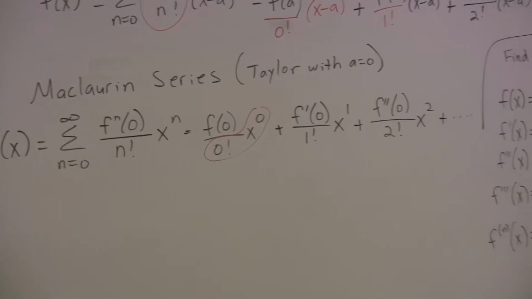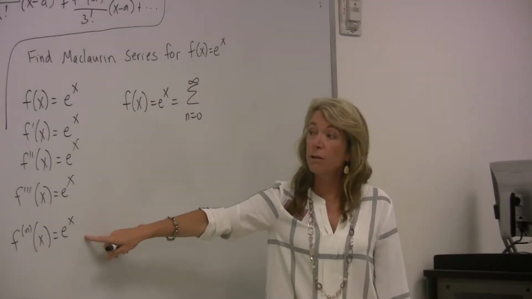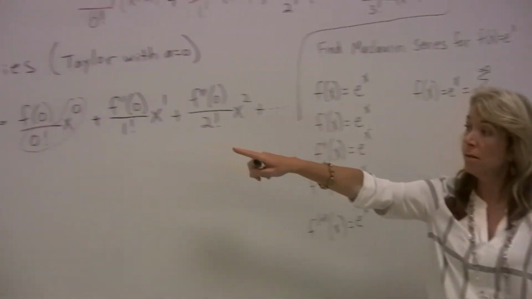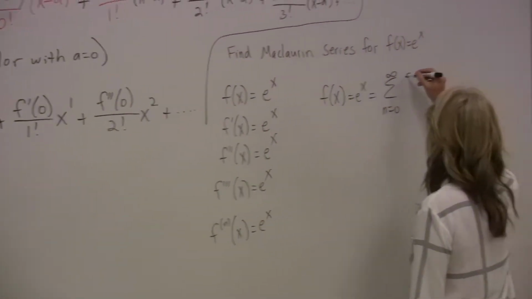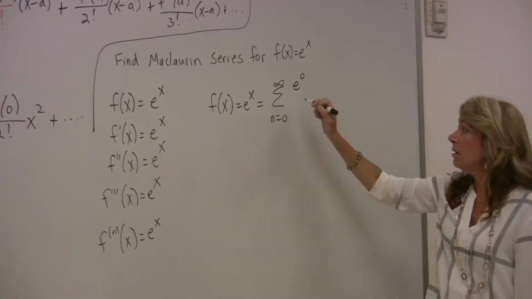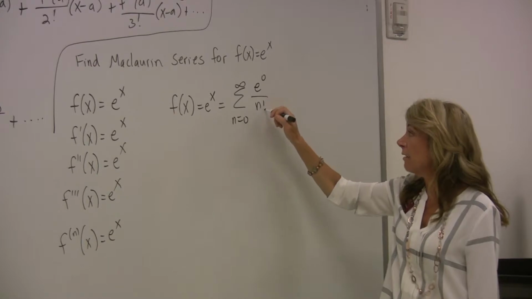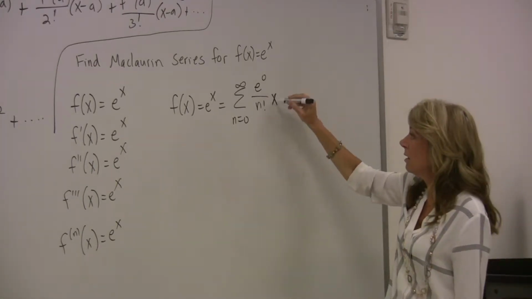What's f^(n)? The nth derivative is e to the x, but we're evaluating it at 0. So it'll be e to the 0. I'm going to actually write that in here right now. e to the 0 over n factorial times x to the n.